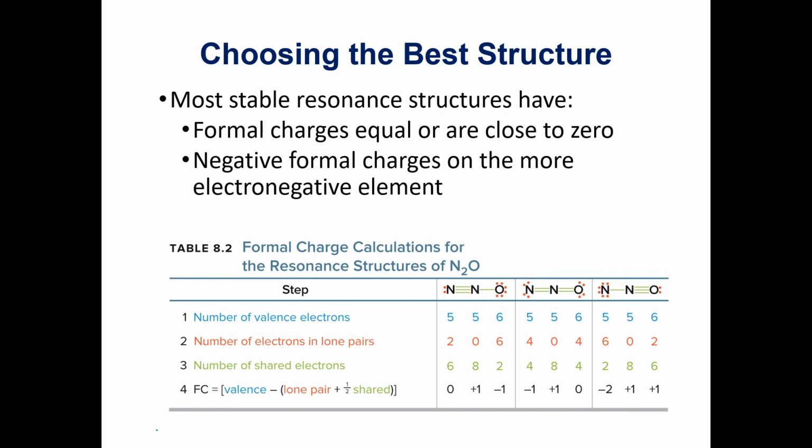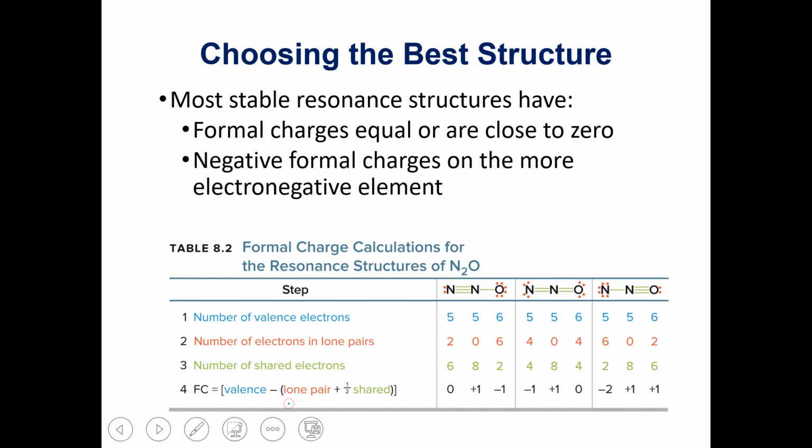So ideally, we'd like the formal charge on everything to be 0. If that's not possible, we want formal charges of +1 and -1. We want to avoid having the formal charges get any larger than we absolutely have to have them. And the second thing that we want is, if we have to have a negative formal charge, we want it on the more electronegative element.